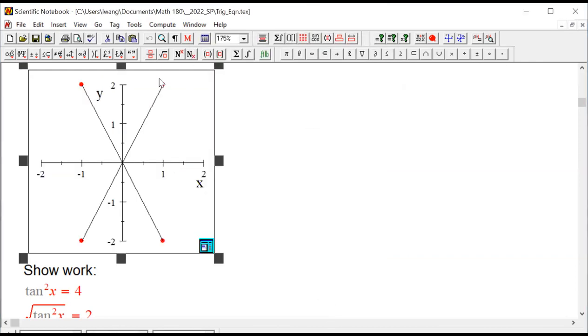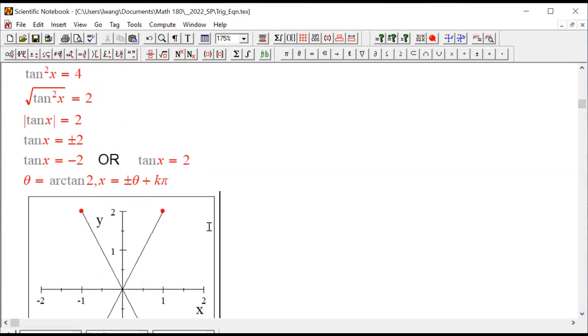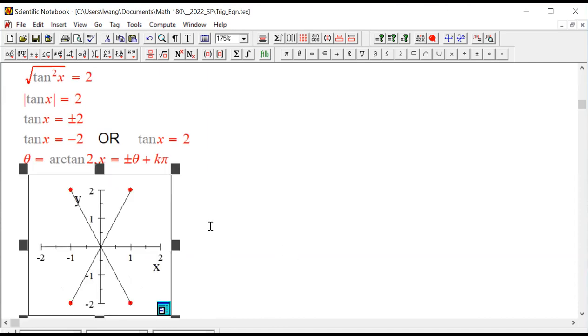There, this is the better picture, I think. You take this picture and show work along with it. On this picture, if I were you, I would mark this angle as theta. That will be sufficient in terms of showing work.